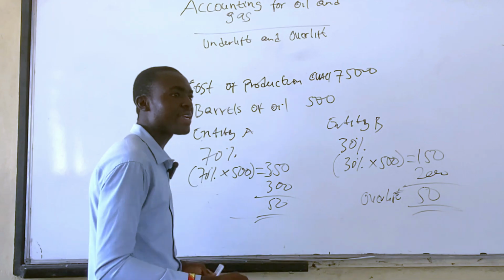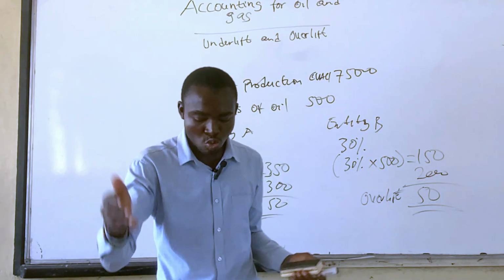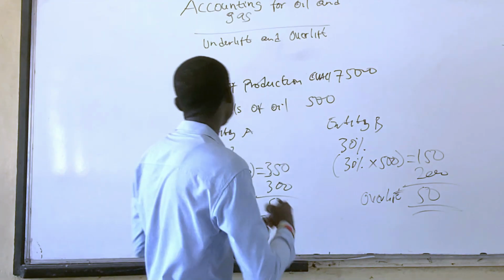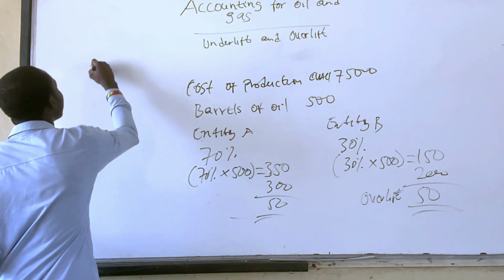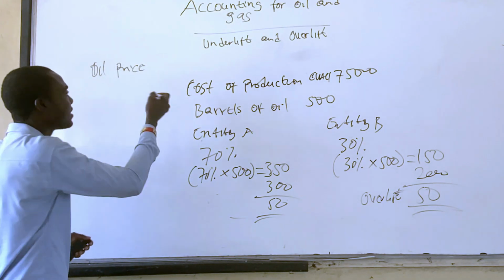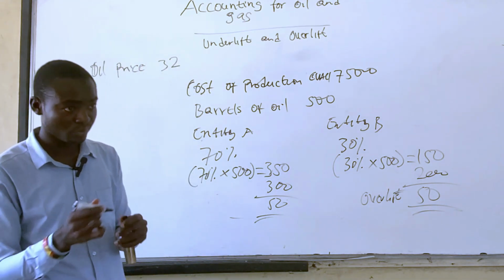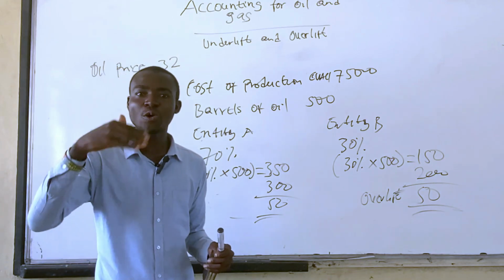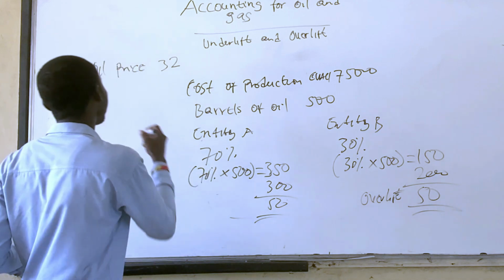The market price on the transaction day, the date on which the transaction took place, was 32 Ghana cedis. At the end of the year, or the end of the reporting period, the oil price has increased to 35 Ghana cedis.